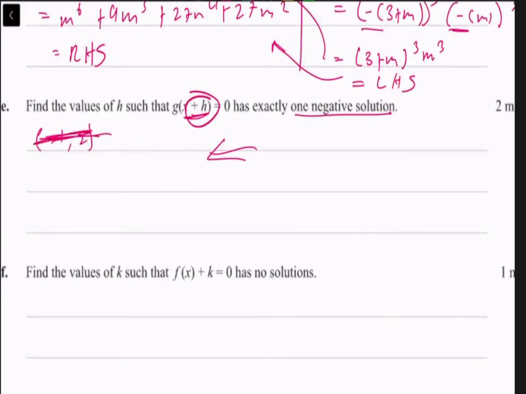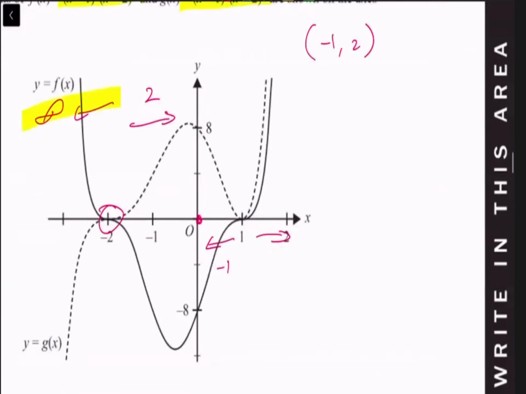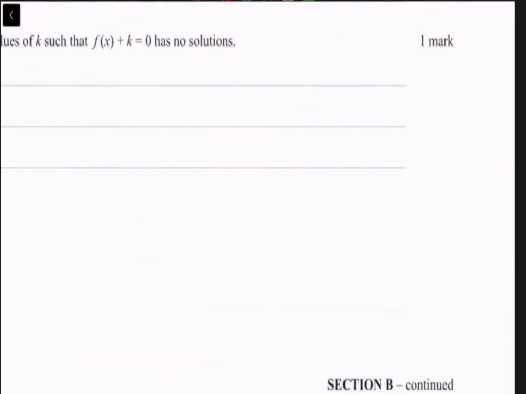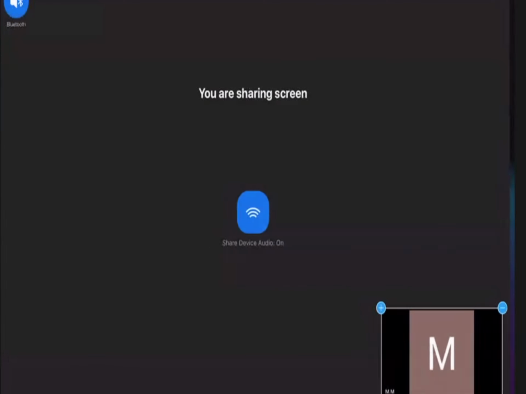So we swap the signs and h is an element of [-2, 1]. The 1 is inclusive, because if you move it 1, then this point's going to be 0, so it's still not going to be negative. So we can include the end value of 1.